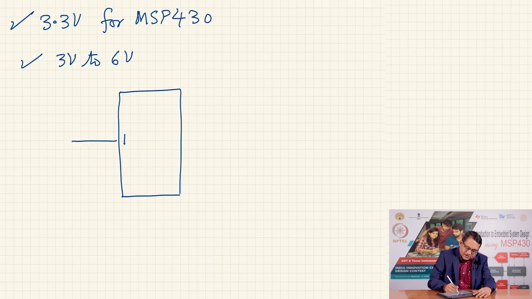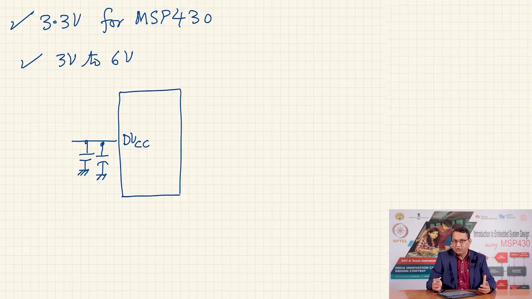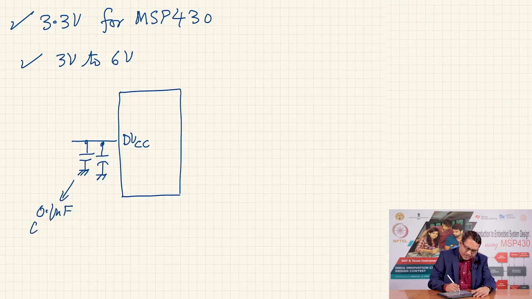If this is DVCC to represent the digital input, one very good method is first of all to put decoupling capacitors, two decoupling capacitors connected in parallel, and the purpose is not to add the two capacitance values, which is what actually happens, but this is typically a 0.1 microfarad ceramic capacitor, and this could be a 10 microfarad electrolytic capacitor, and then this is your ground and this is your ground.